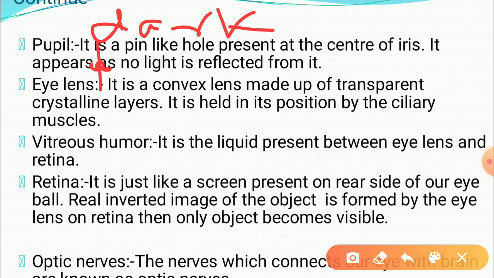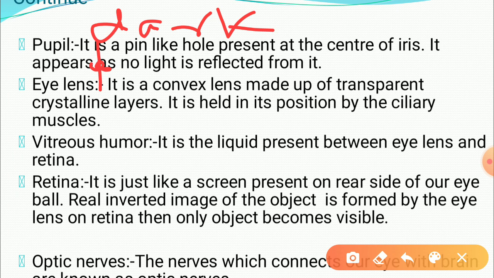It appears dark as no light is reflected from it. Eye lens, it is a convex lens made of transparent crystalline layers. It is held in its position by the ciliary muscles. Vitreous humor, it is the liquid present between eye lens and retina.